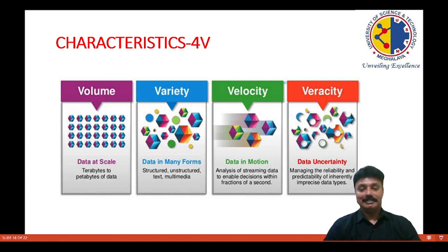The velocity, data in motion. Then the veracity, data uncertainty. So managing the reliability and predictability of inherently imprecise data types. The uncertainty of the data will be captured at this moment of the fourth V.